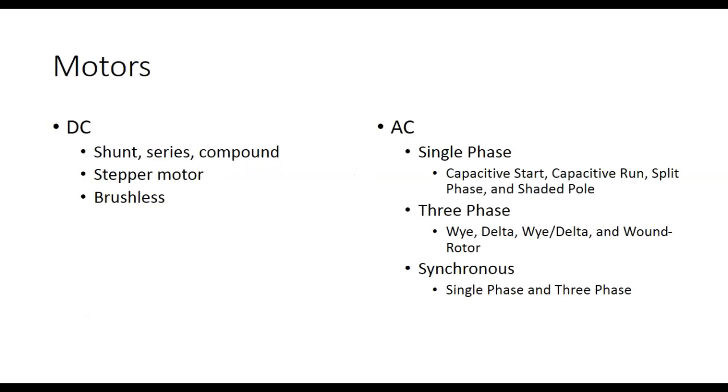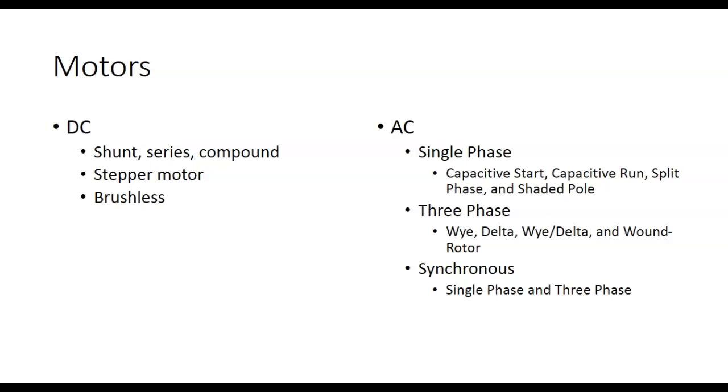The DC motors we'll look at are shunt motors, series motors, and compound motors. We'll look at stepping motors. I can't get my stepping motor to work, guys, so we'll have to skip that. And we have brushless DC motors, which are really becoming popular in hand tools like hand drills, but very, very expensive. Have you ever priced a brushless drill yet?